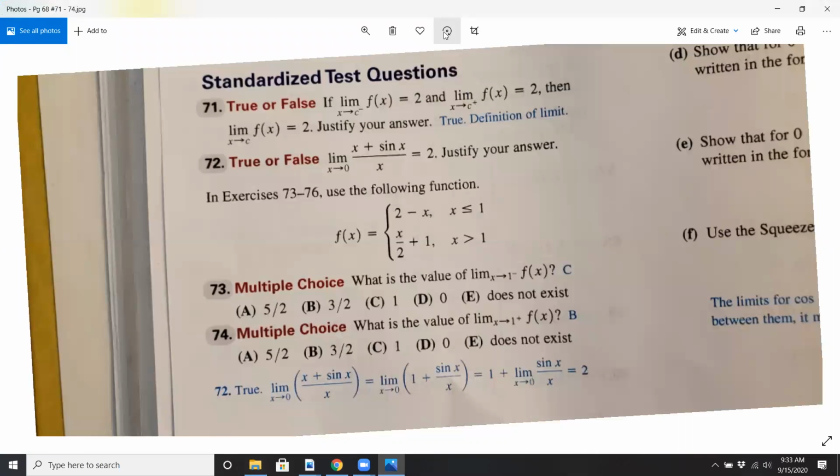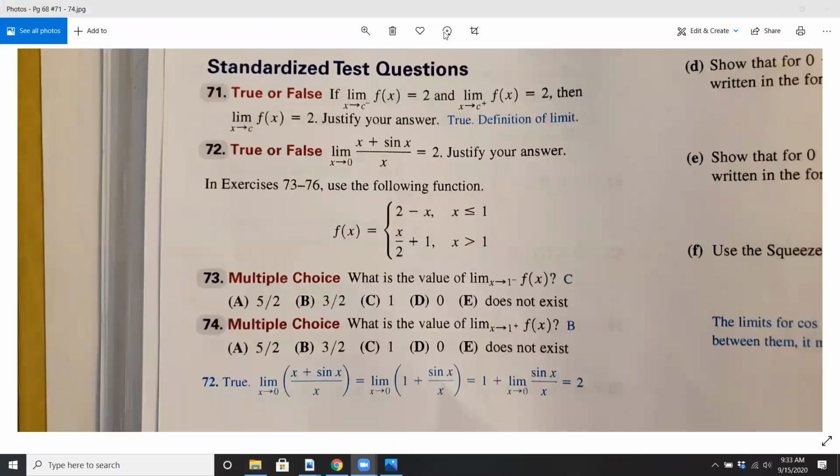Here are just some true or false, or multiple choice questions. Again, if your left and right-hand limits are the same thing, of course, the limit exists. That's true, definition of limit. 72, you can factor out, you can break up the fractions. We actually just saw that in number 32, so it's the same thing.